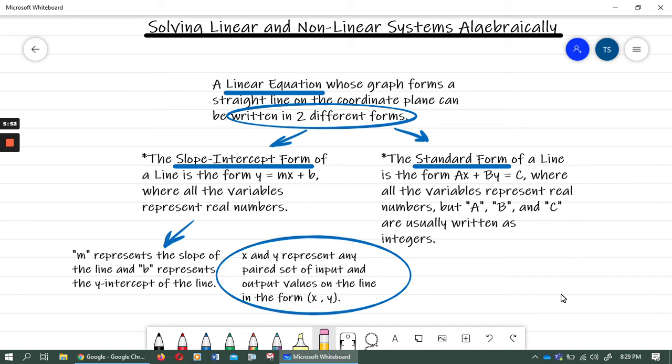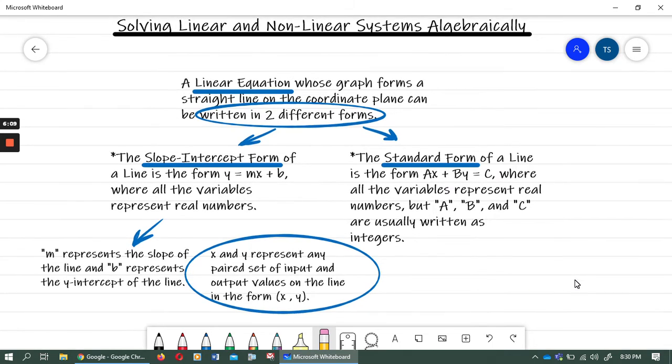I'm so glad you asked. A system is a set of two or more equations.